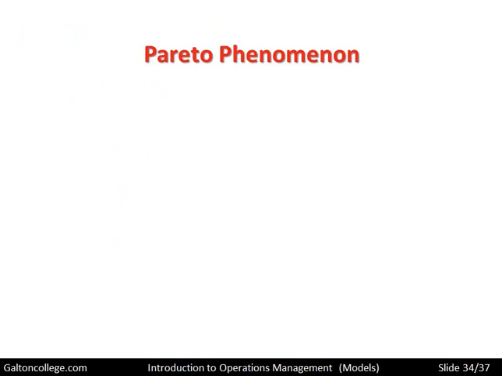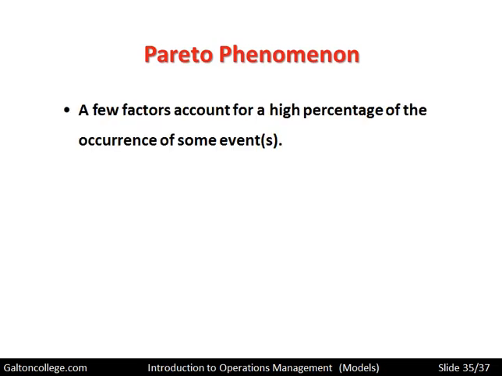There is one little concluding bit we need to just mention here. There's something called the Pareto Phenomenon, which models can deal with and look at as well. A few factors account for a high percentage of the occurrence of some events. That's the idea. So sometimes things happen within the business.